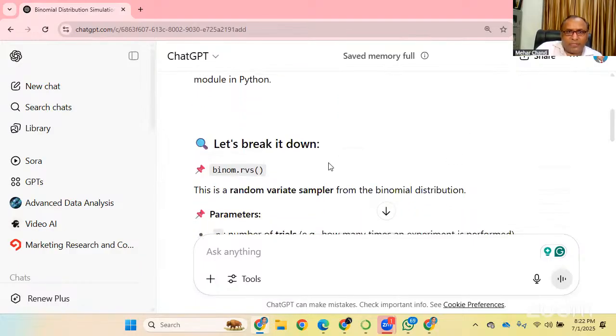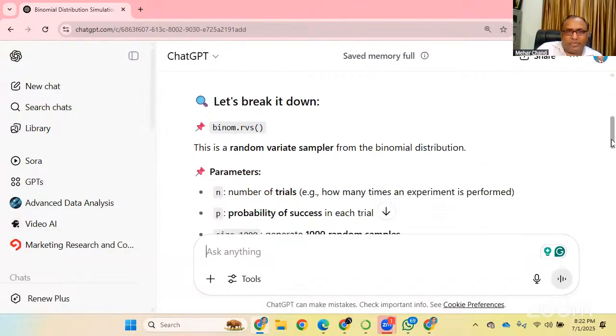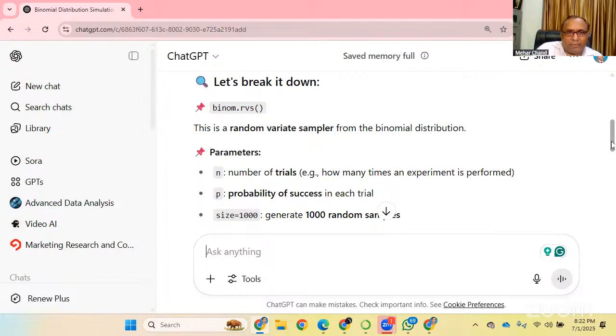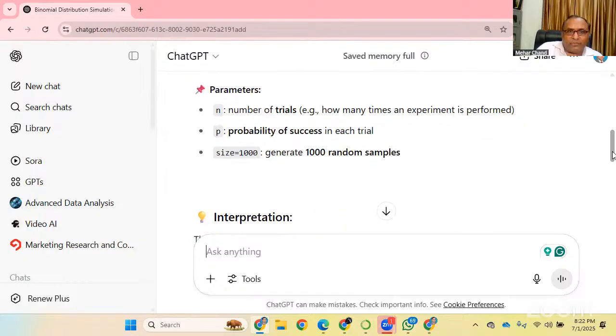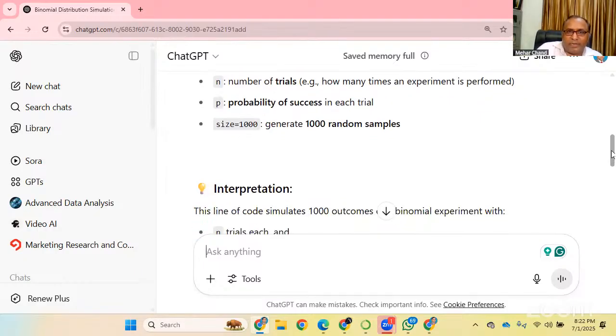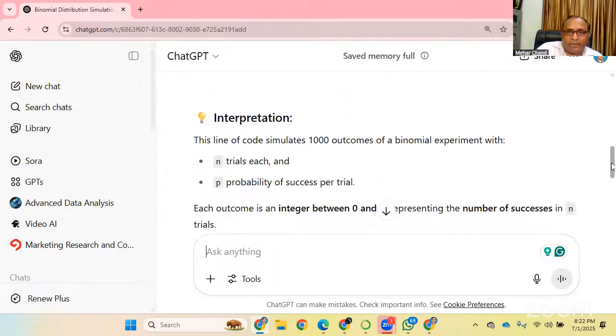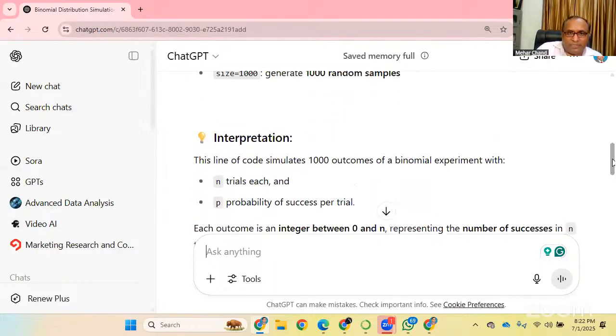So this is the random variate sampler. RVS means random variate sampler from the binomial distribution. And some more information will be there about the parameters like n, p, size. Sometimes if you need some more interpretation about this, you can easily take help from ChatGPT.